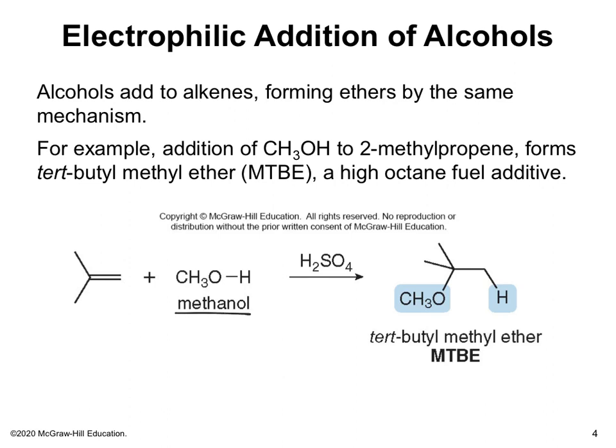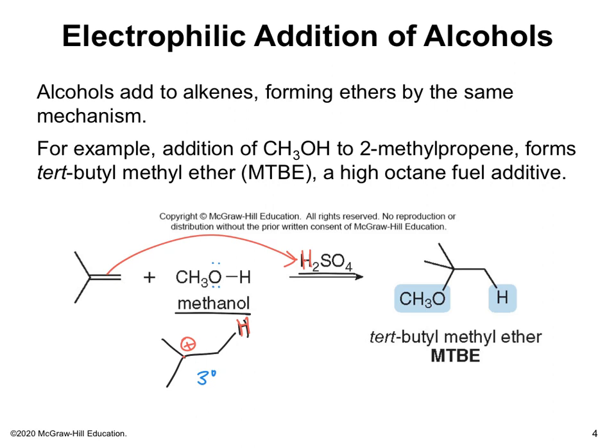One thing you need to know, you can also use methanol. So here, the first thing that always happens is you're going to protonate. So there's your protonation, and it adds the hydrogen on the least substituted carbon to give you your more substituted carbocation. This is a tertiary carbocation.